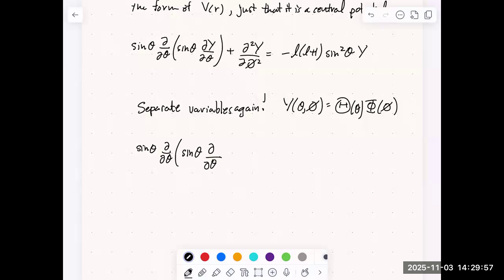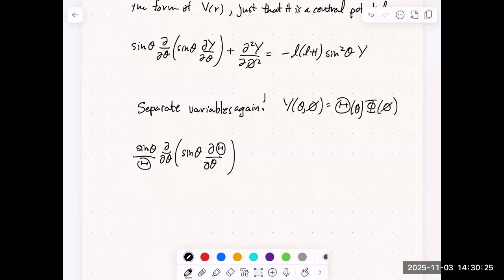So capital Theta goes there. In reality, I would have capital Phi here, but I'm going to divide by capital Phi and capital Theta, so we'll end up with another Theta in the denominator.